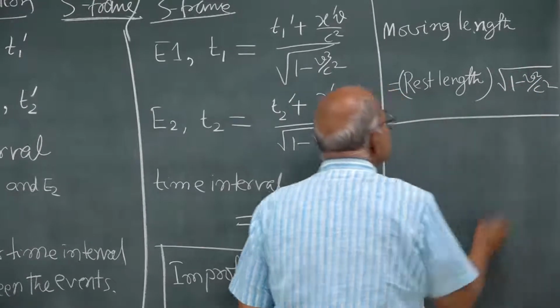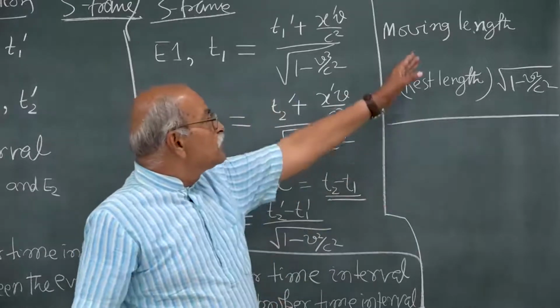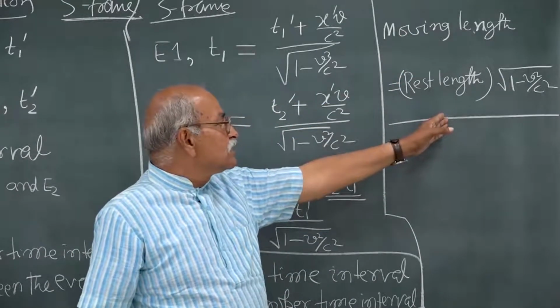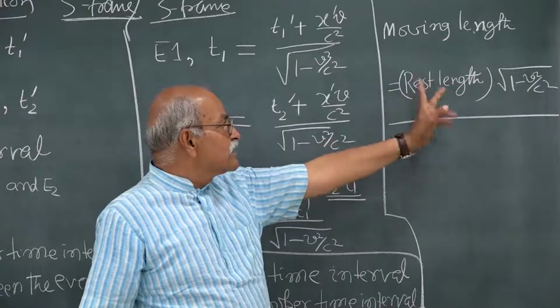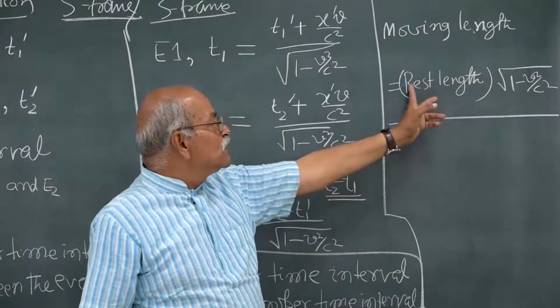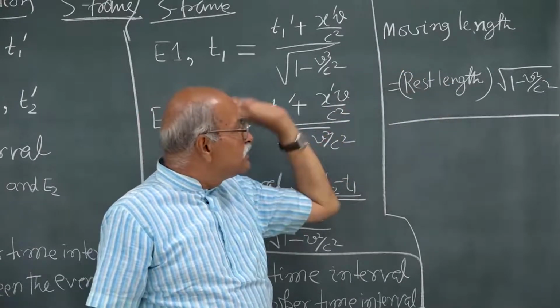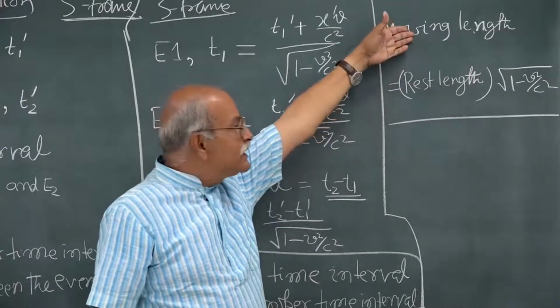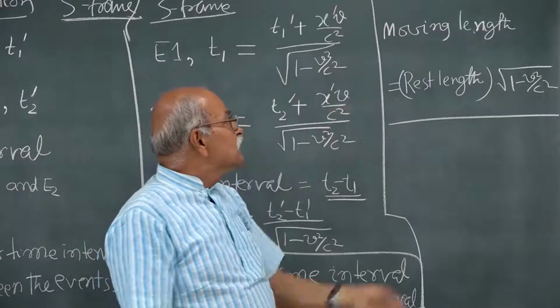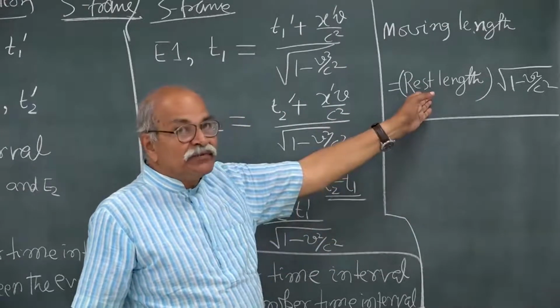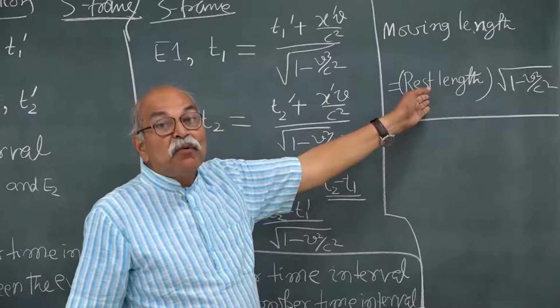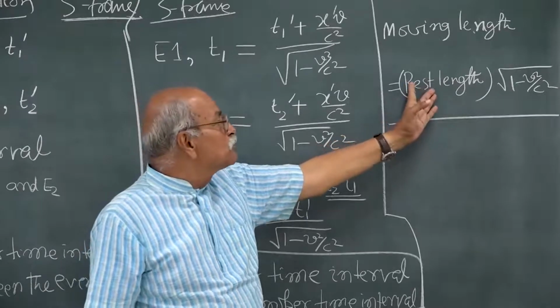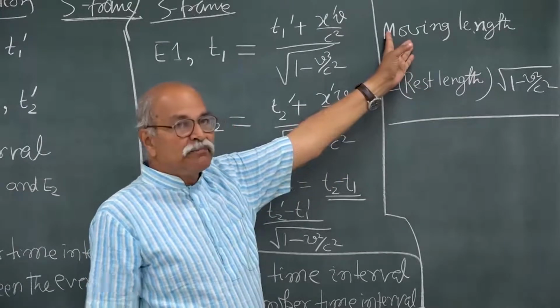This we had derived; this is called length contraction. The rest length is the largest length, and if you measure from some other frame in which this is moving, that will be reduced. That is known as length contraction. The rest length is also sometimes known as proper length. So this is also called proper length and this is improper length.